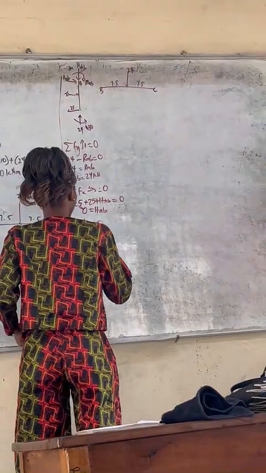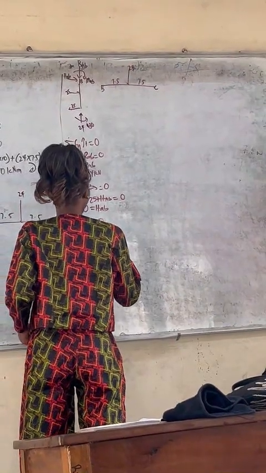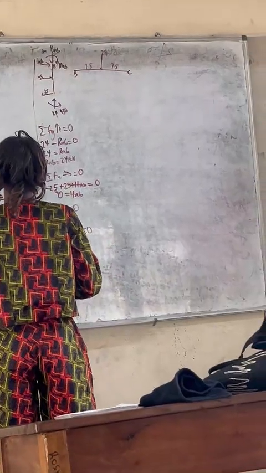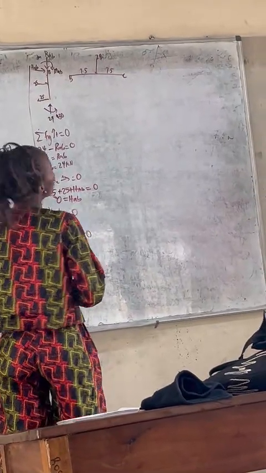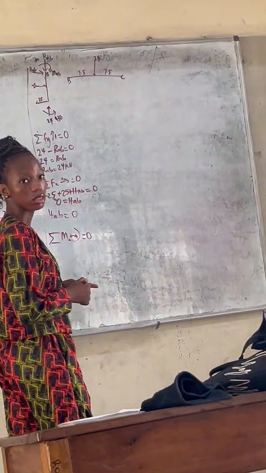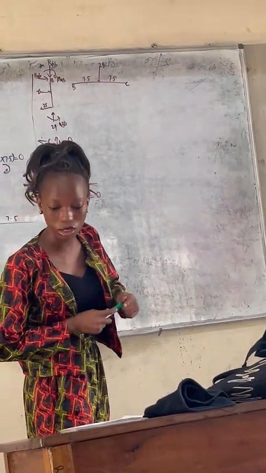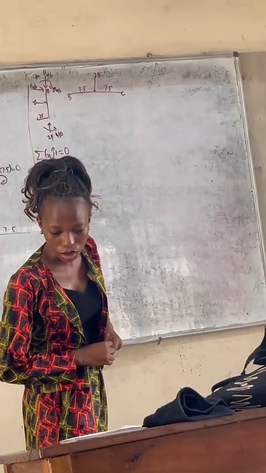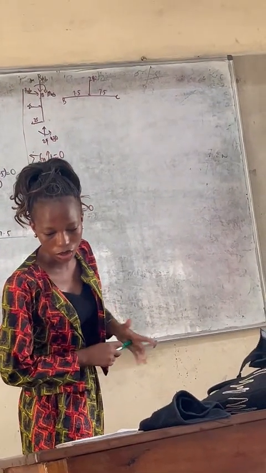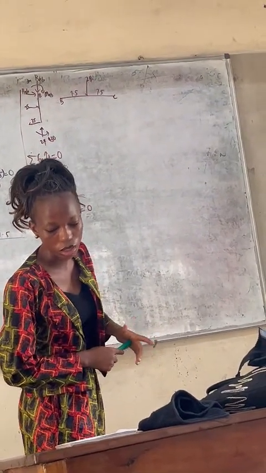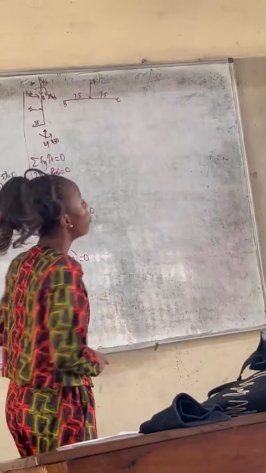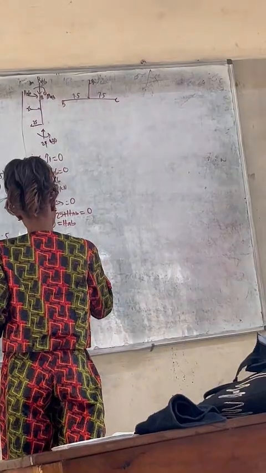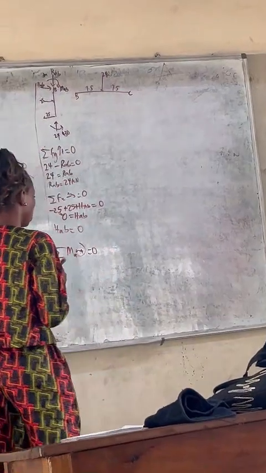Now let's do the moment. Summation of moment at a point is equal to 0. Moment about A, clockwise is positive.